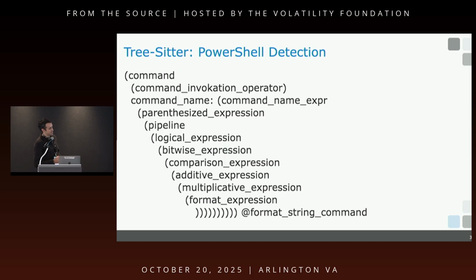The first avenue I went down is just what can I detect with TreeSitter for obfuscated PowerShell? And this is a query that both highlights the complexity of the grammar. It's highly recursive, but also shows you how you can target specific things within the PowerShell tree. This is just looking for format strings, which is a very common characteristic of Invoke-Obfuscation.